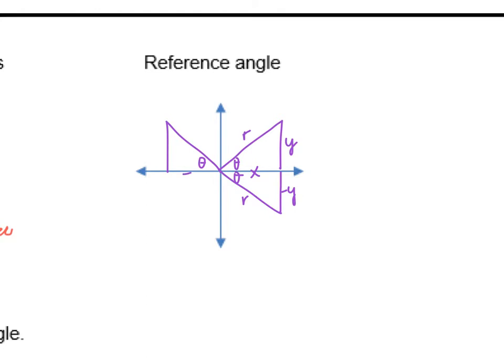You have a negative x value and a positive y. And remember, your r value is always positive, that hypotenuse. And if you're in the third quadrant, you have a negative x and a negative y. And so your reference angles are here at the origin, connecting you to the x-axis.